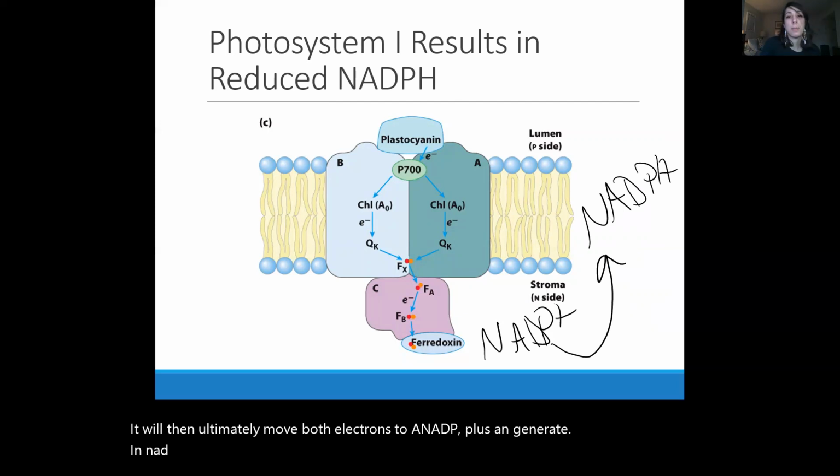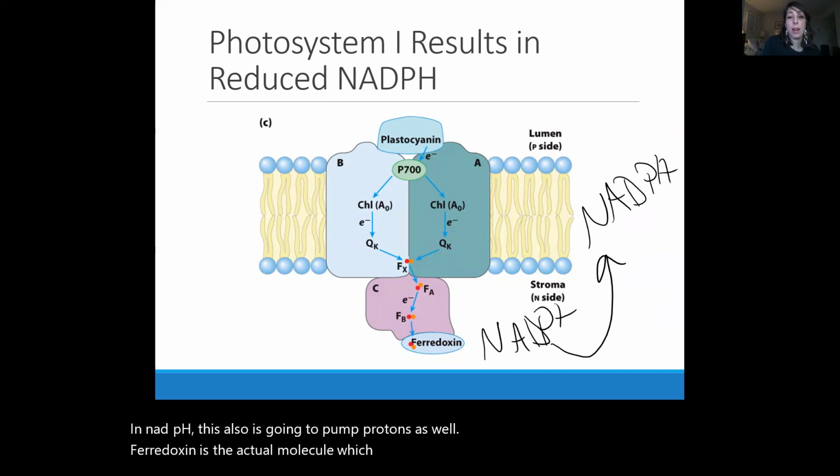This also is going to pump protons as well. Ferredoxin is the actual molecule which donates the electrons to our NADP, which is not shown on the slide here.